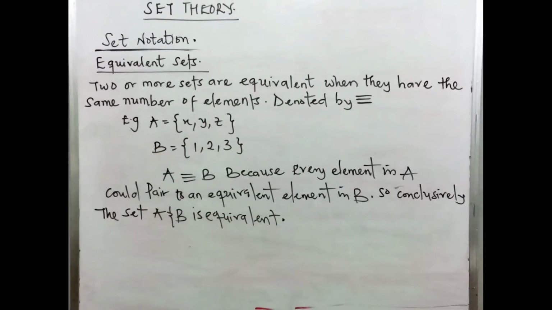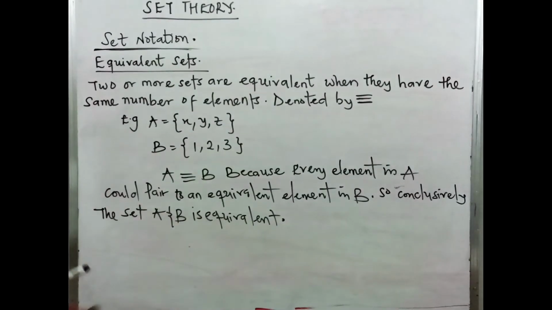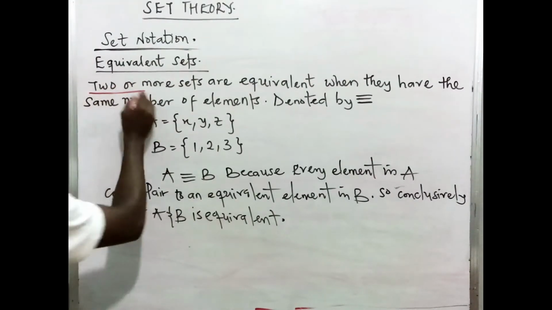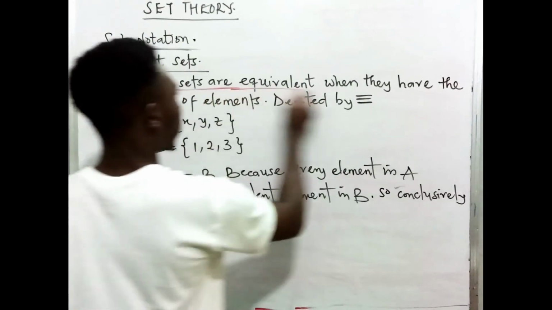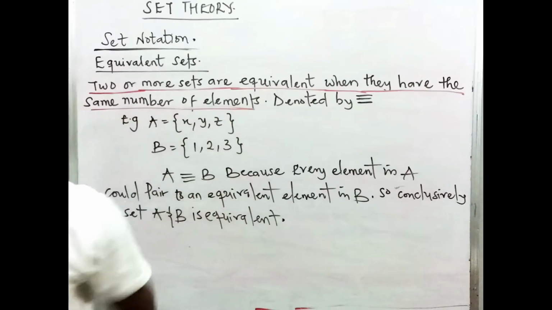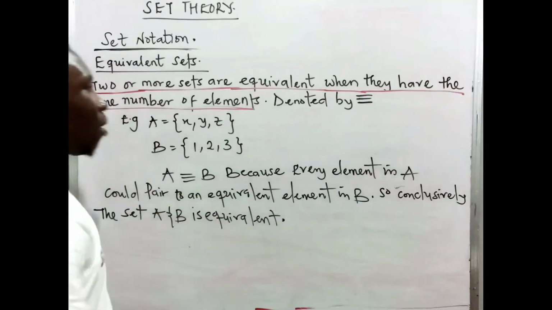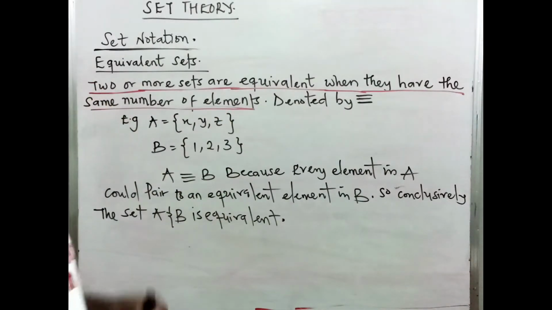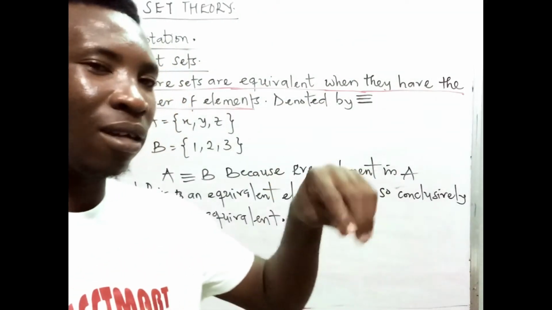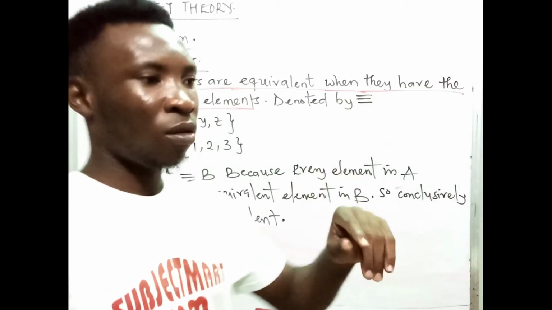Now, equivalent sets. Equivalent sets say that if two or more sets are equivalent, then they have the same number of elements. When we say the sets have the same number of elements, we are not paying attention to whether the particular elements are identical, but to the same number.